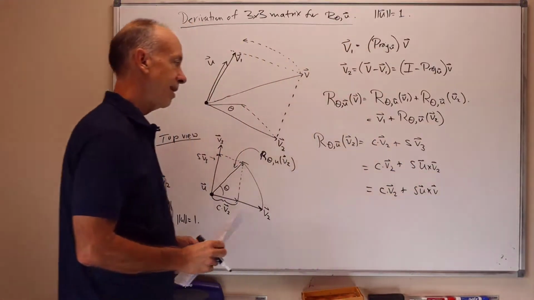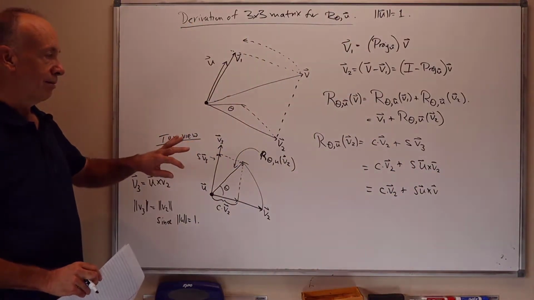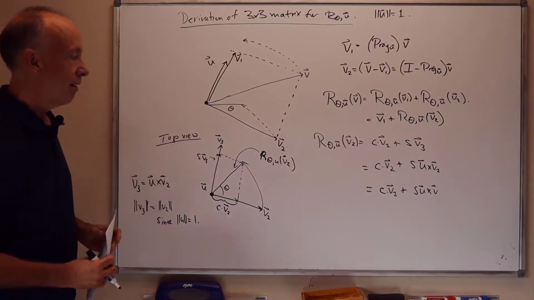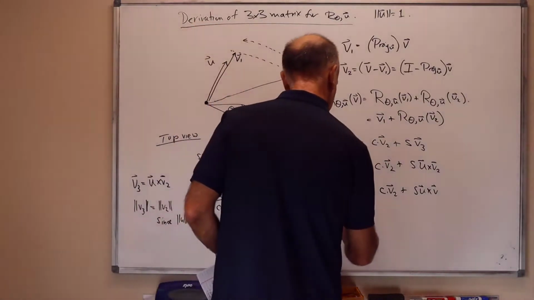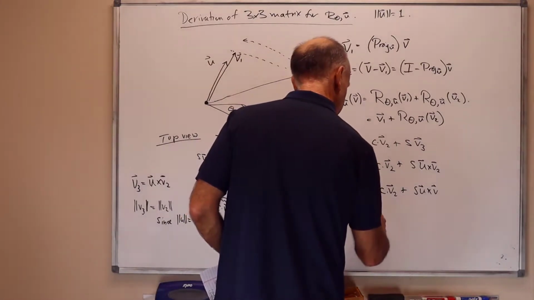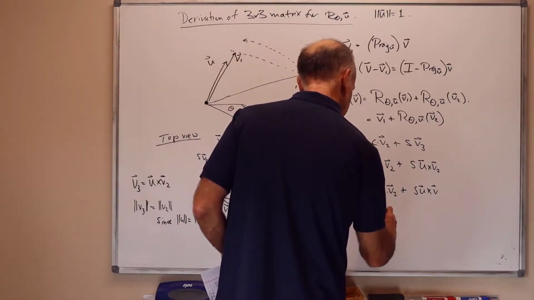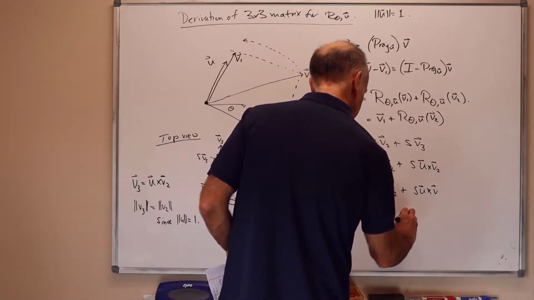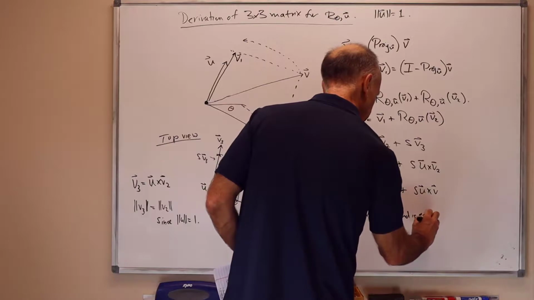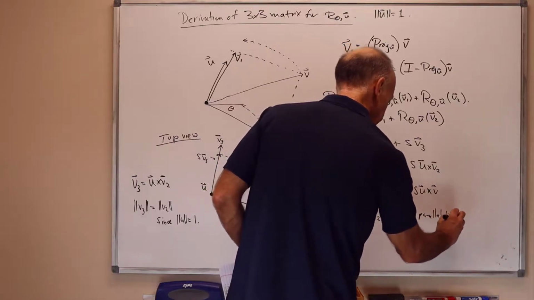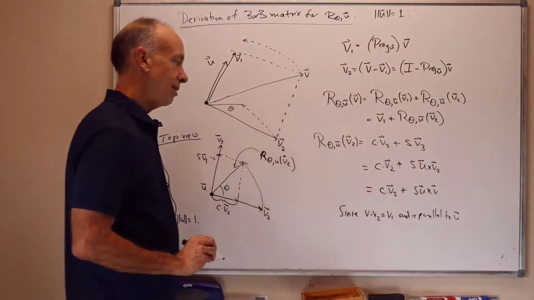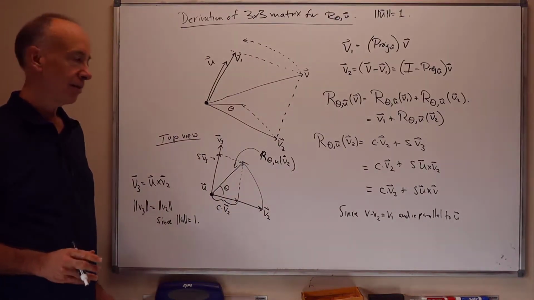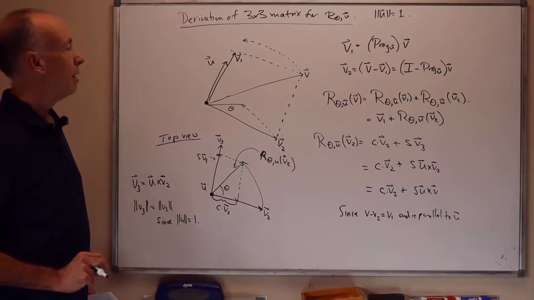So before I had s times u cross v2, and now it's just s times u cross v. And the reason for that is that v minus v2 is v1, which is parallel in the same direction to u, so u cross v1 is 0, and therefore u cross v2 is the same as u cross v.